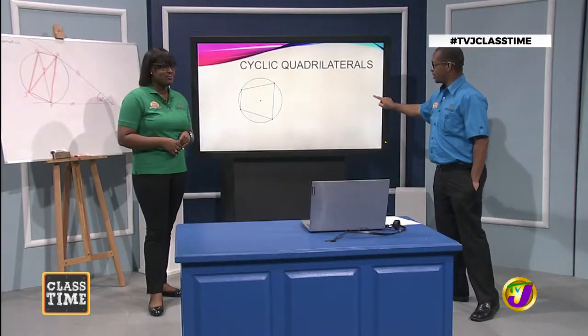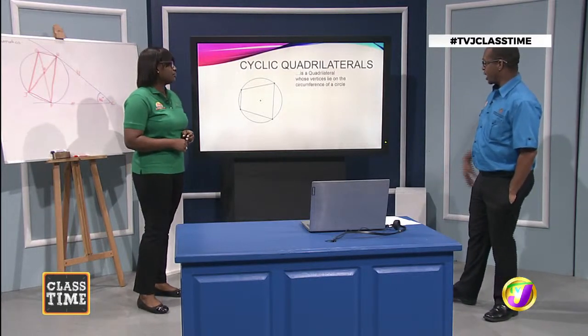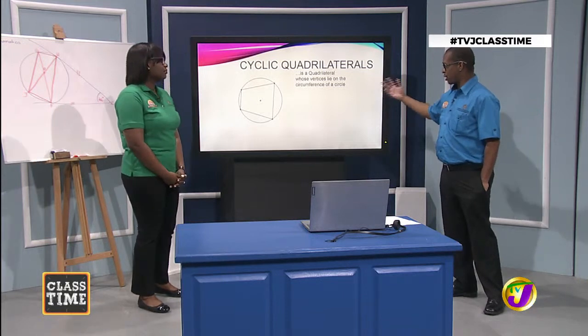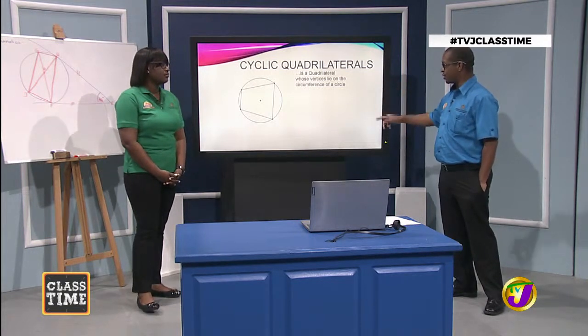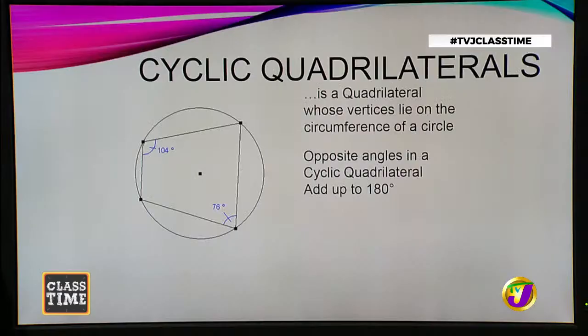Yes, and that is basically what we were seeing. And we established this before: cyclic quadrilaterals have all the vertices lying on the circumference, and the opposite angles sum to 180 degrees. They are supplementary. That's a word we use in math.